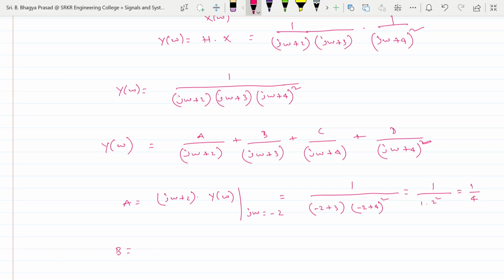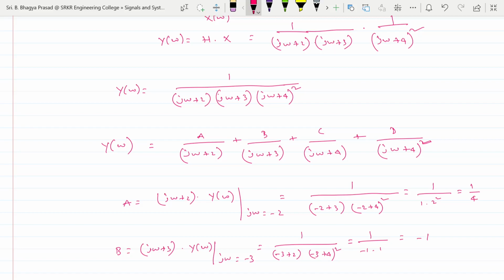B will be (j omega plus 3) Y of omega at j omega equal to minus 3, and this will be 1 by (minus 3 plus 2)(minus 3 plus 4) square, that is minus 1 times 1, so that will be minus 1.